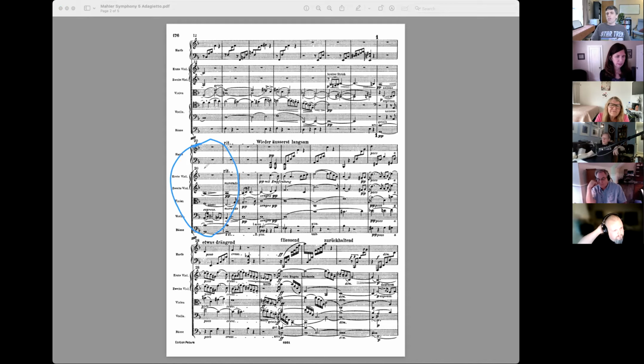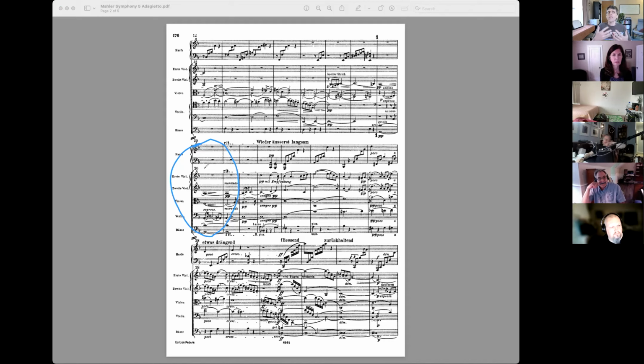This is so common for string writing. If you're not using divisi in your string writing, you're not writing idiomatic string music. And this Adagietto is just a prime example of this, is that Mahler is dividing and redividing his strings all over the place in this movement. It's a really basic thing that I'm pointing out.